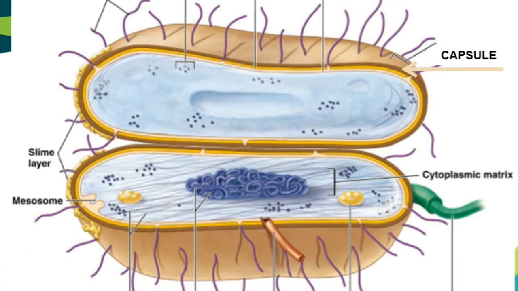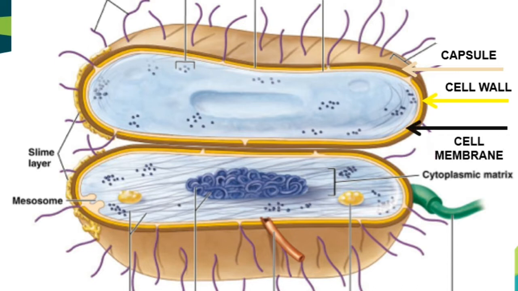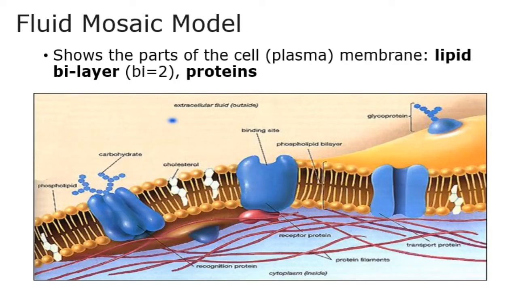Then the yellow there, we have what we call the cell wall. Then the flesh color, the innermost membrane, that is the cell membrane of the bacteria, which means animals, plants, and bacteria contain cell membrane.